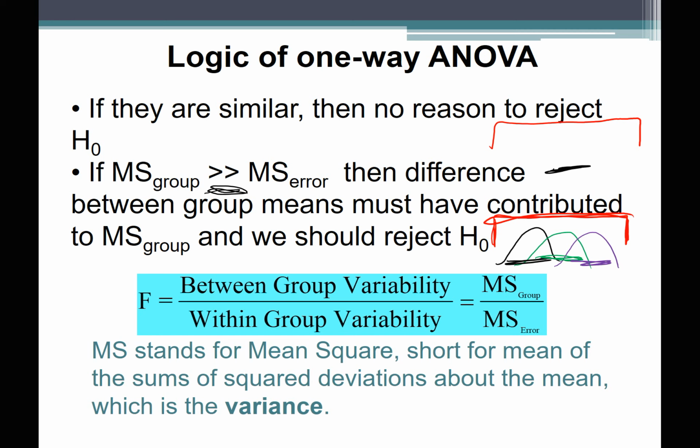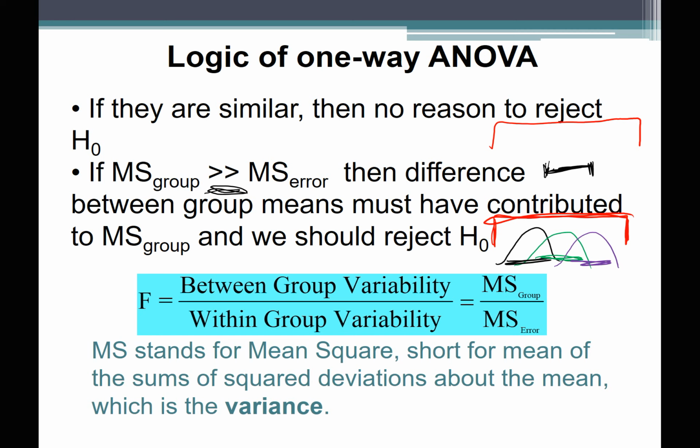So you can see that this one on top, the MS group, is much wider than the MS error. It's about 3 times as wide in this illustration.